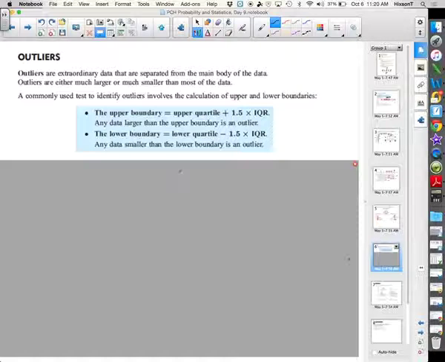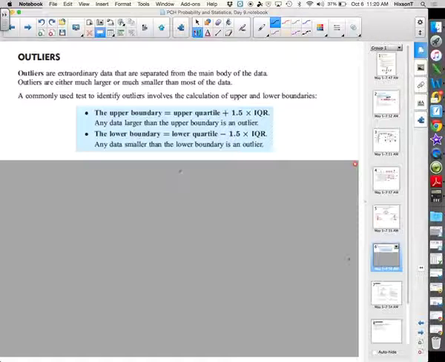And what we mean when we're talking about an outlier is some value that is extraordinary. Beyond what's normal is really what that means. Extra means beyond, ordinary means normal, so what's beyond normal?